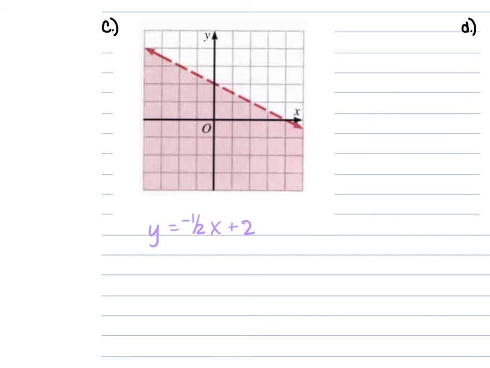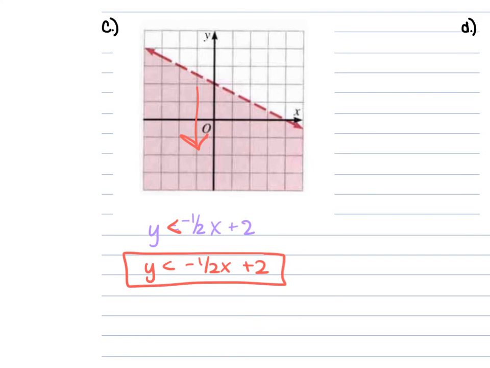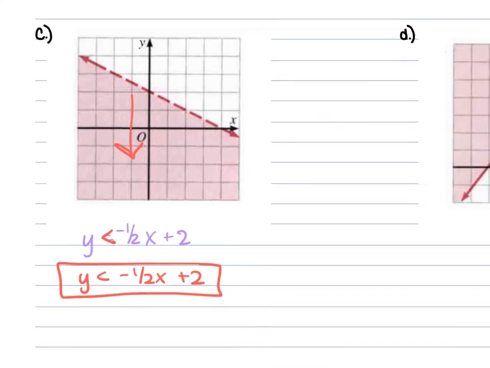However, because the shading is below the line, y is less than negative 1/2 x plus 2. And because it's a dotted line, we're not going to include the line underneath the inequality. So we just have y is less than negative 1/2 x plus 2.